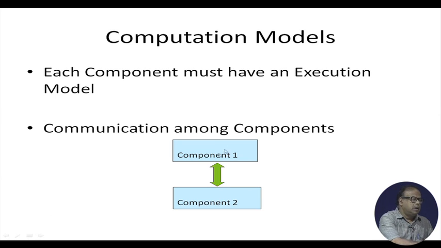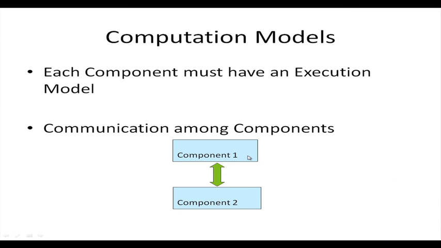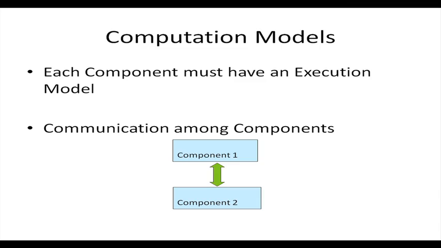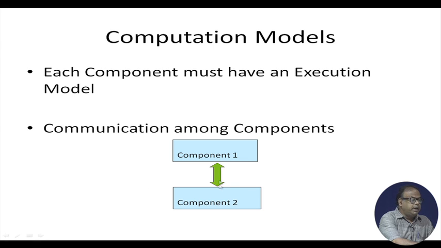Now, that computation should be dividable into different components. Since we are talking of the hierarchy, the whole system can be visualized as comprising a number of components. Each of these components will have their own behavior, and there should be a communication model for each of these components.